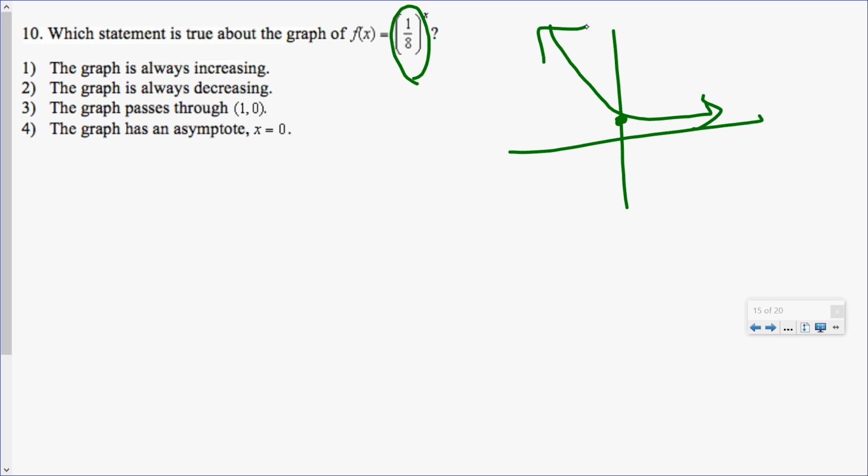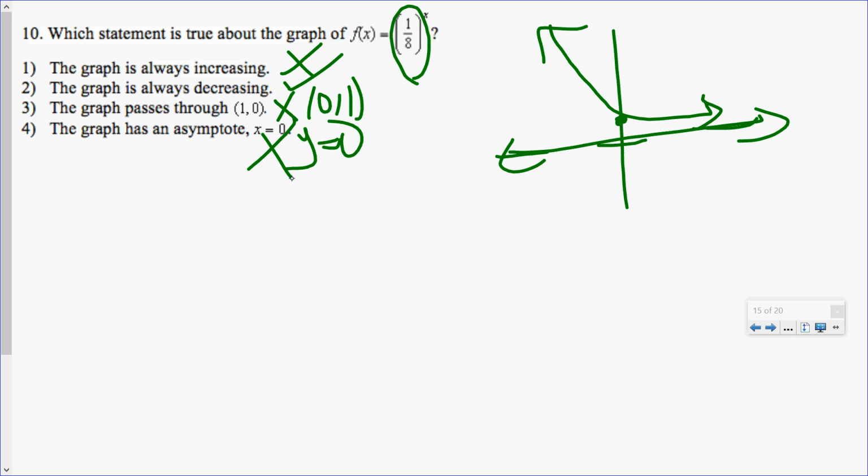So this thing's not so much a roller coaster, it's a slide. It's always going down. So it's not increasing. It is always decreasing. It doesn't pass through 1, 0. It passes through 0, 1. The asymptote is not x equals 0. The asymptote is y equals 0. So which one is true? Choice 2.